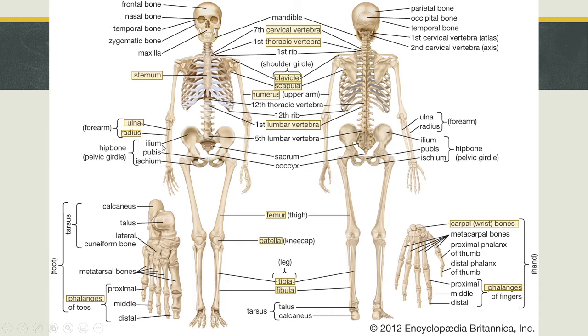The radius is the one that's on your thumb side when you're in anatomical position. So if you're standing with your arms at your side, palms facing forward, the radius is toward the outside, and the ulna is toward the inside. And it's really cool how the joint works.